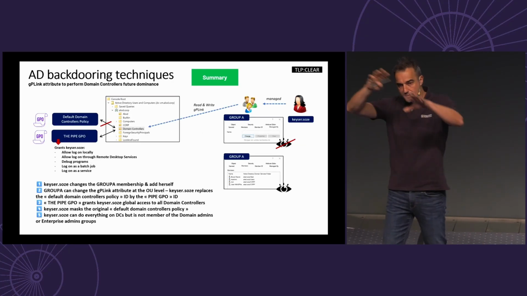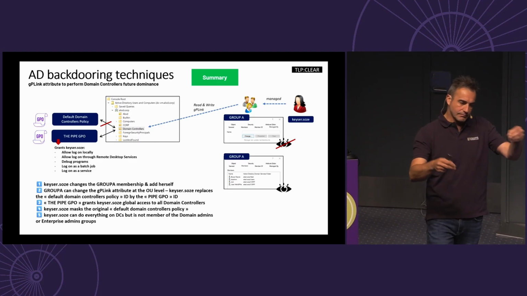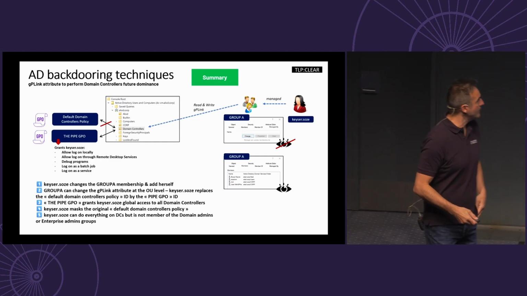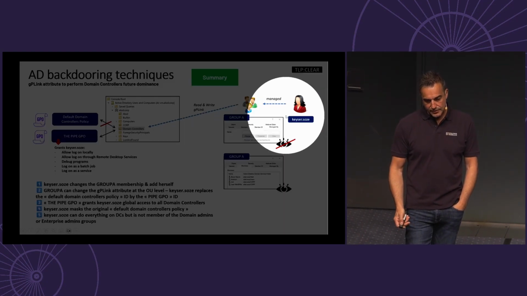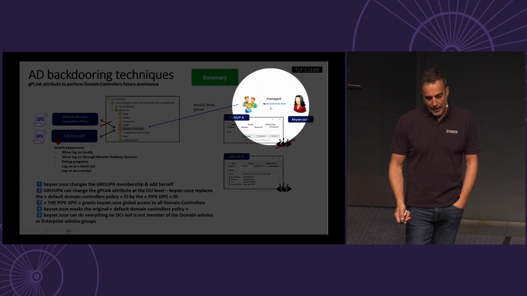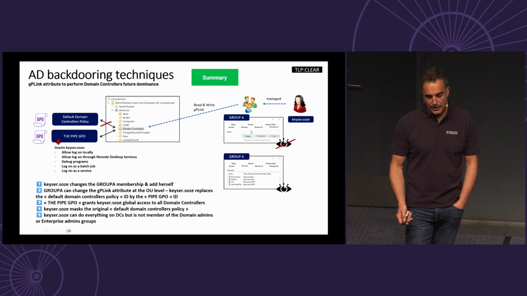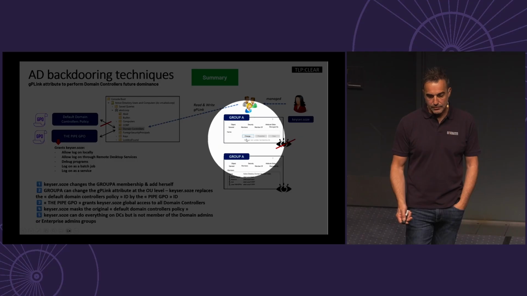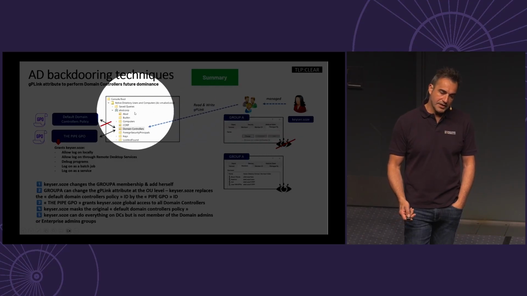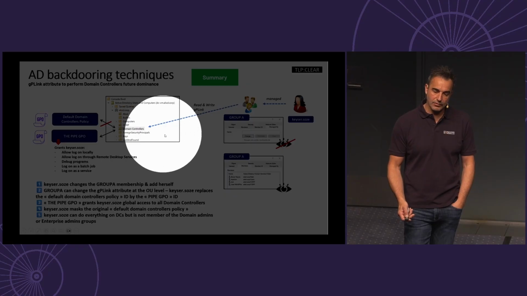So, just to summarize everything and make a mix of the backdooring techniques, let's imagine now you have this Kaiser-Soze, and this Kaiser-Soze is able to manage a group, and you mask the fact that Kaiser-Soze is able to manage the group. And this group is given permission to read and write the gPLink at the domain controller policy level.